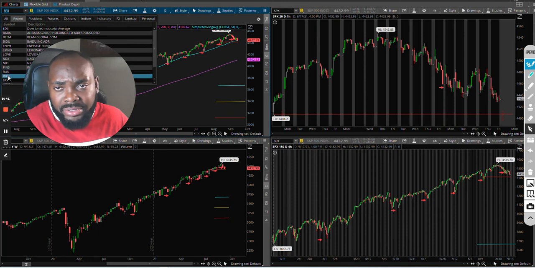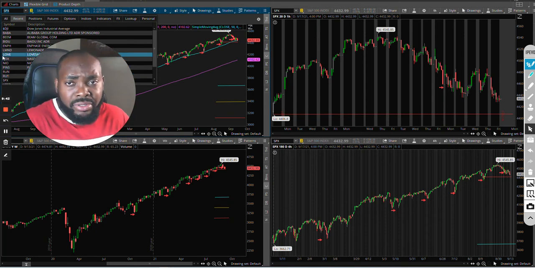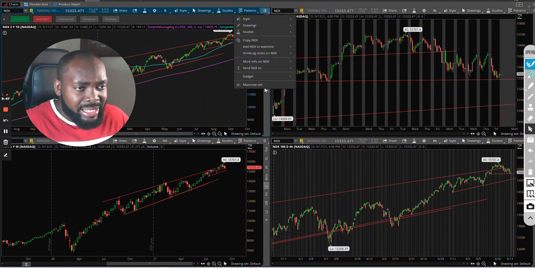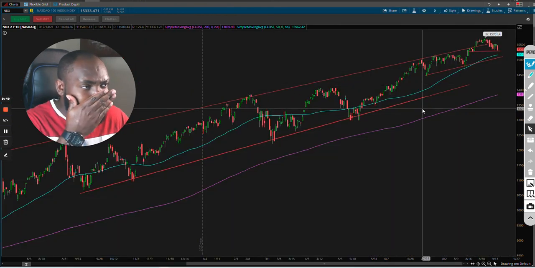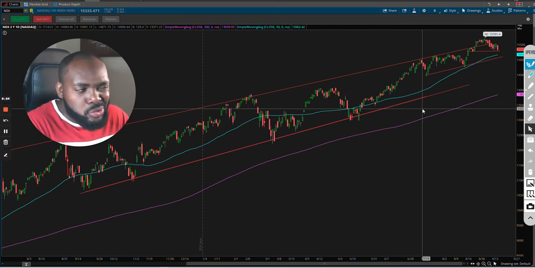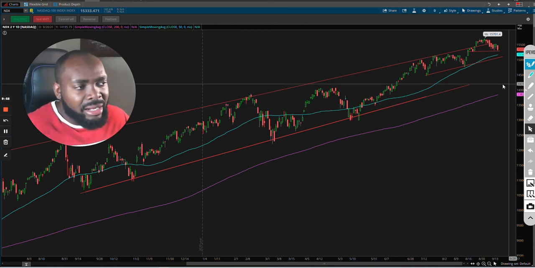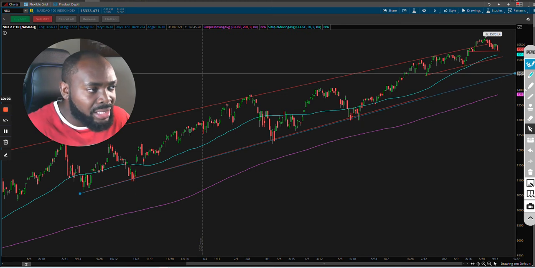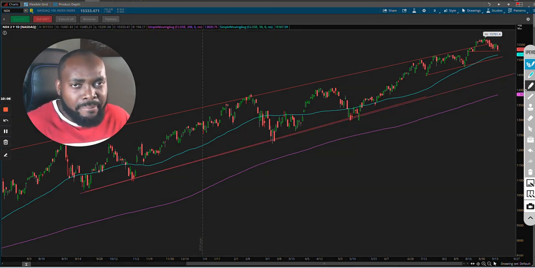All right, guys, moving on over to the NDX. And with the NDX, guys, NASDAQ, this is the only one that I'm not too concerned about as yet, because I feel like there's a lot of levels to potentially support the NASDAQ if the NASDAQ starts to sell off, which when it comes to the S&P 500, I'm not seeing a whole lot.